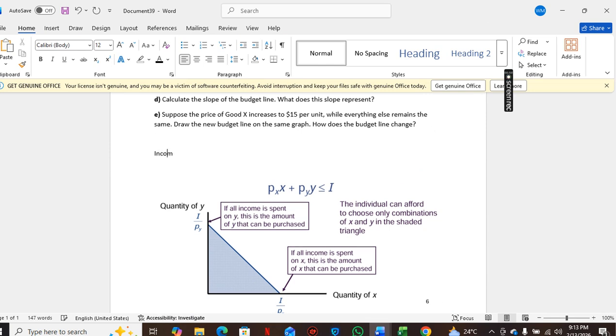Your income equals the price of good X multiplied by the quantity of good X plus the price of good Y multiplied by the quantity of good Y.